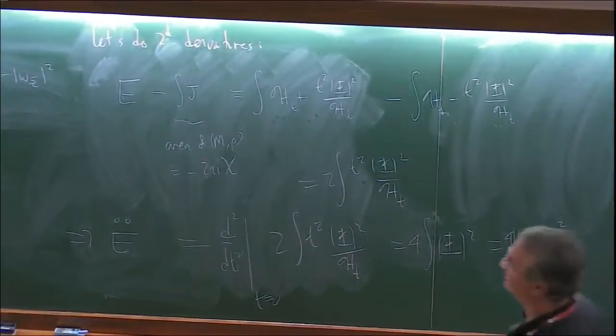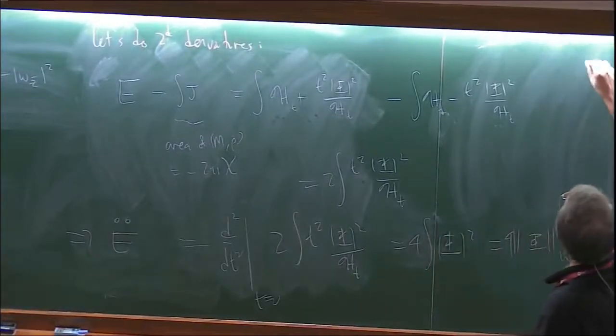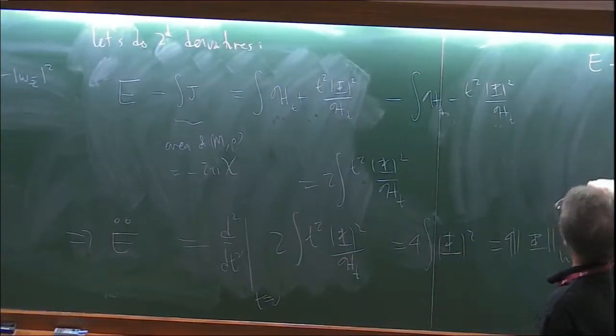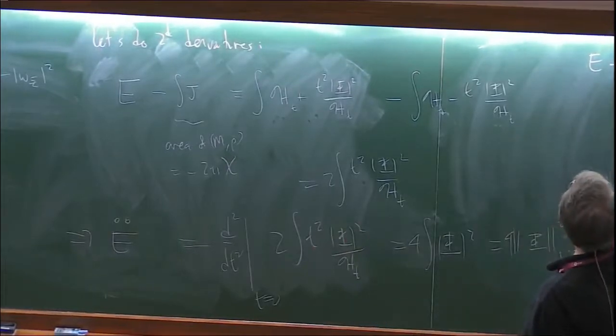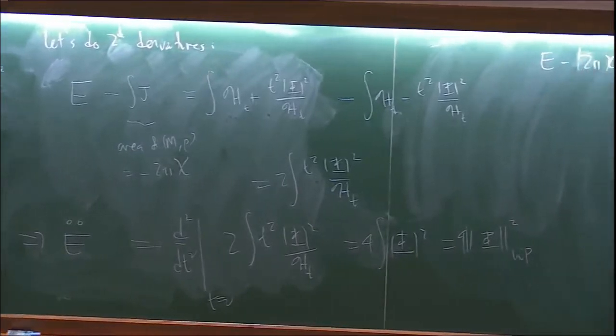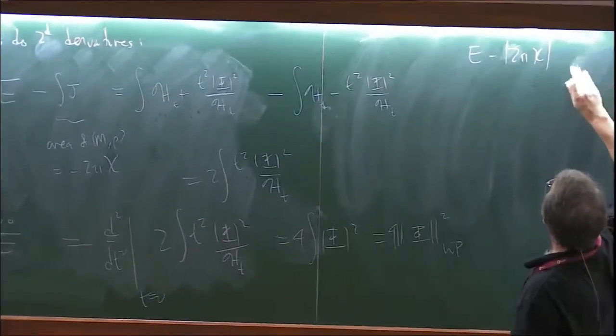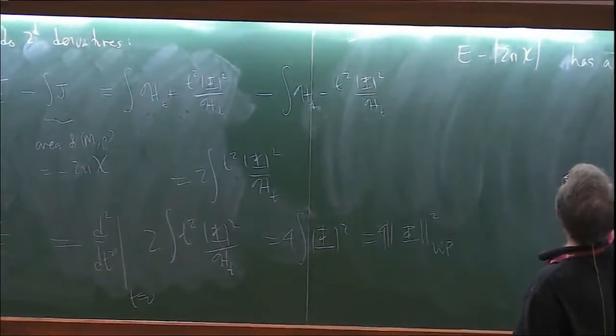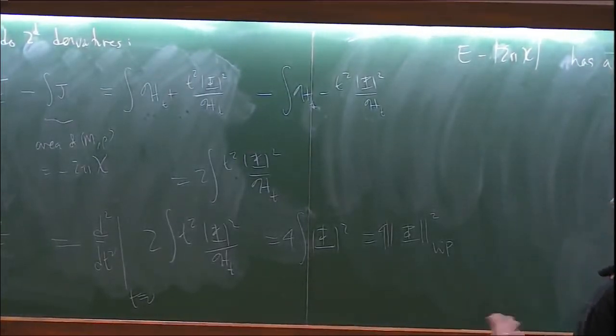Well, the point is that energy minus 2 pi chi has a minimum at rho equals sigma. Why? The identity map, so I'm going very fast, and I apologize, but you may not understand the next sentence; the sentence after that, there's hope.